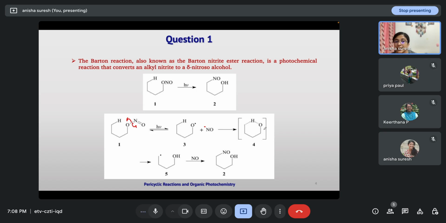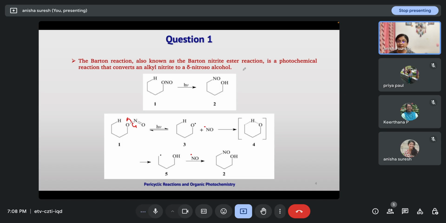Okay, then alpha, beta, gamma, delta. Delta proton abstraction will be taking place, leading to the formation of this radical, which will recombine with the NO radical, leading to formation of 2. Then this can undergo tautomerization, leading to formation of oxime. Fine. So this is one of the important photochemical reactions of nitrogen containing compounds.